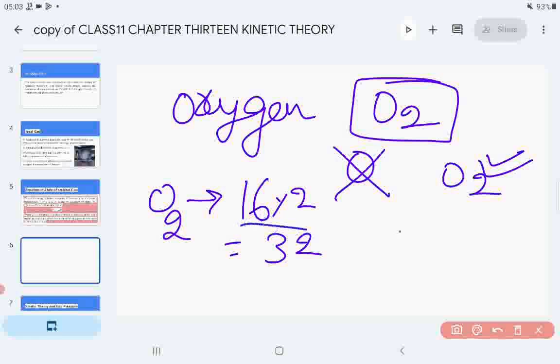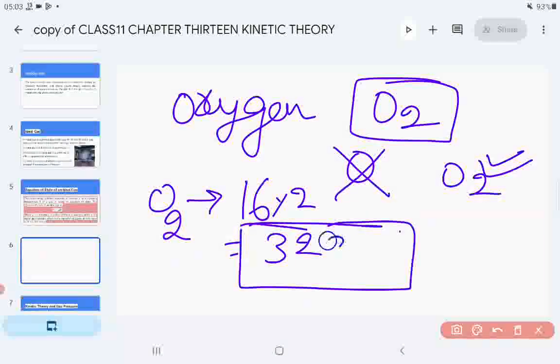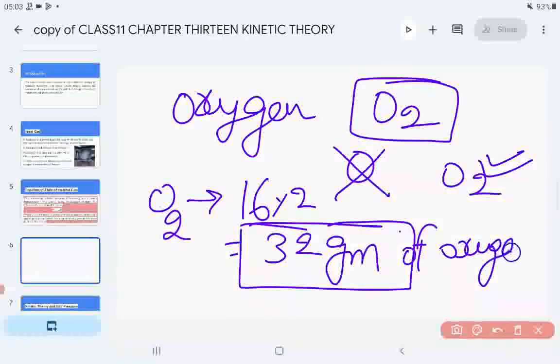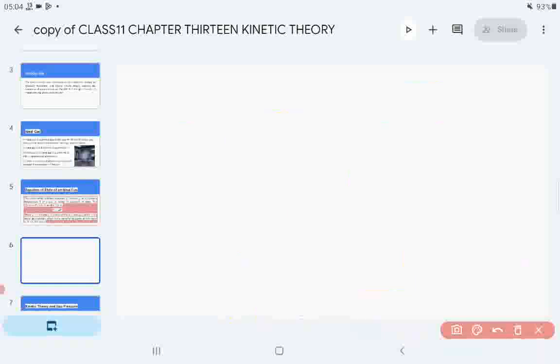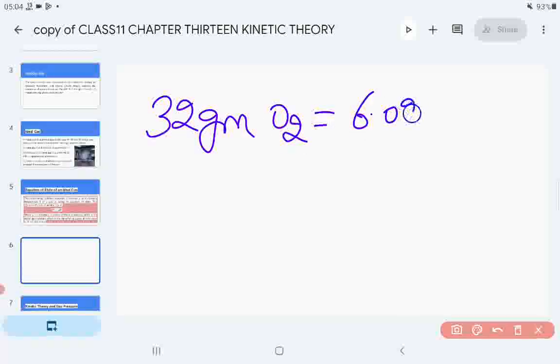If you take 32 gram of oxygen gas, it has 1 mole of oxygen molecules. That is the mole concept. To make it clearer, 32 gram of oxygen is made up of 6.02 times 10 raised to the power 23 oxygen molecules, diatomic molecules, you can say.